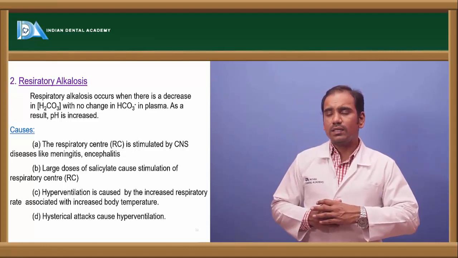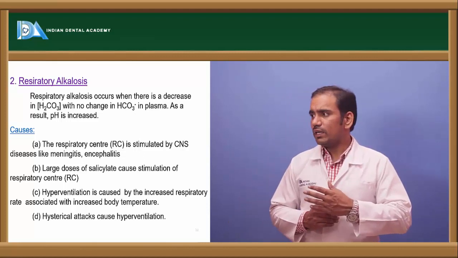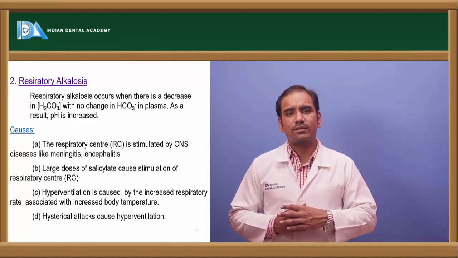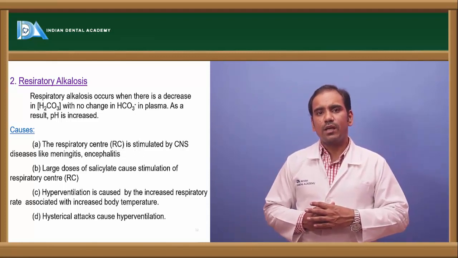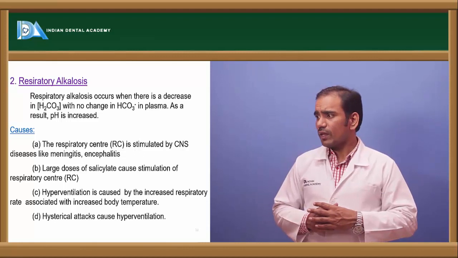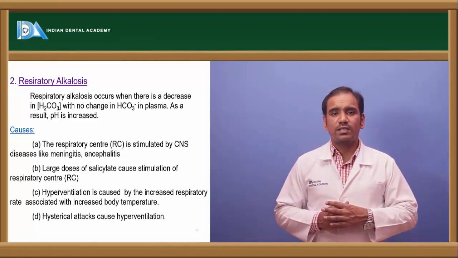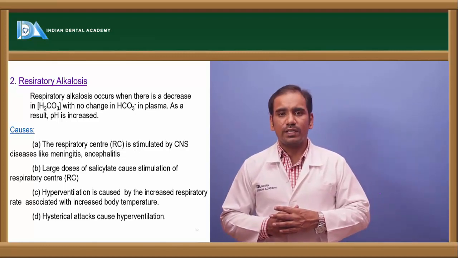And the other reason in case of respiratory alkalosis is stimulation of the respiratory center by some compounds like salicylates, so salicylate poisoning also leads to respiratory alkalosis. And the most common condition is hysteria, hysterical conditions. Hysterical attacks cause hyperventilation.